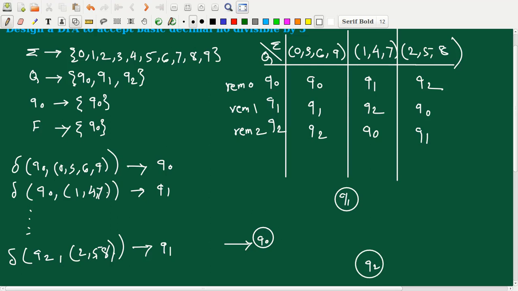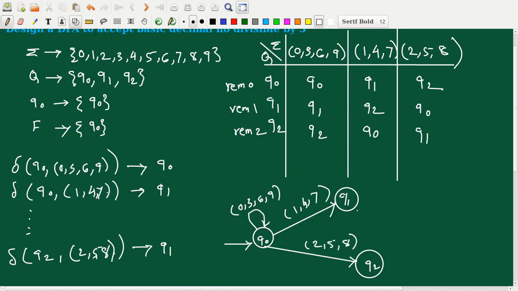So q0 with input 0, 3, 6, 9 is going to q0 itself. Then q0 with input 1, 4, 7 is going to q1. Then q0 with input 2, 5, 8 is going to q2.